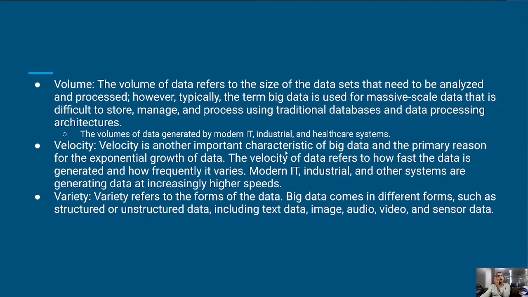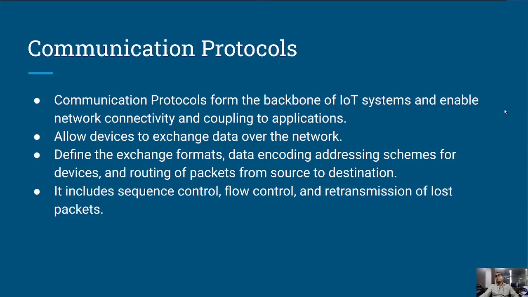Similarly, variety refers to the form of the data. That means big data can come in different forms: structured, semi-structured, or unstructured data. It can include text data, image data, audio or video data, or sensor data. So this is what is meant by variety.